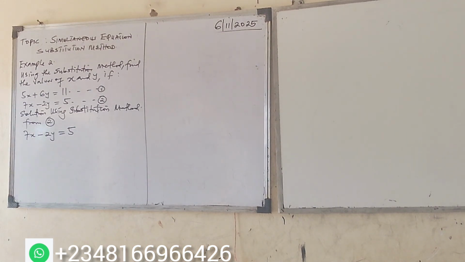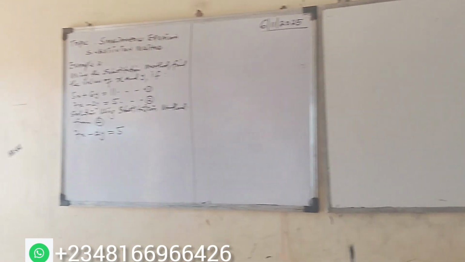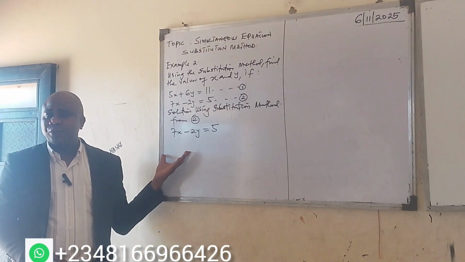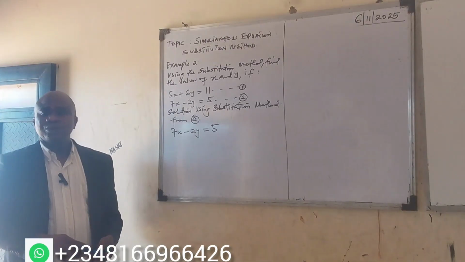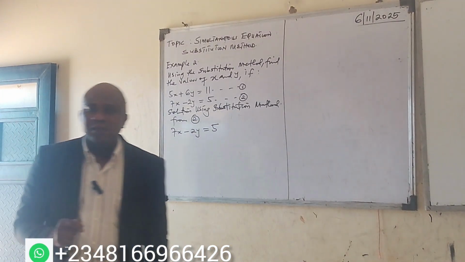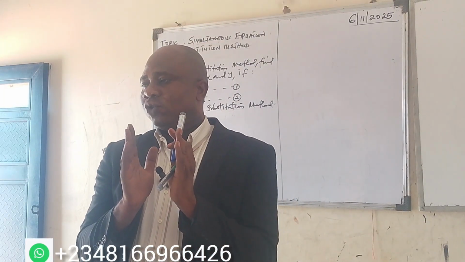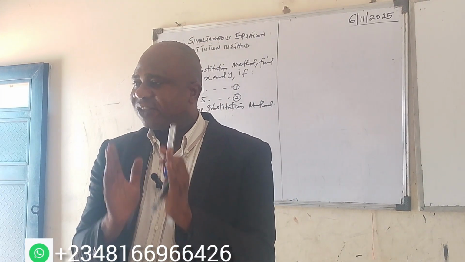Now the next step is to make one of the variables the subject of the equation. Which of the variables do you want us to make the subject? X. That's very good. To make x the subject implies making x exist alone, so we want to isolate x.